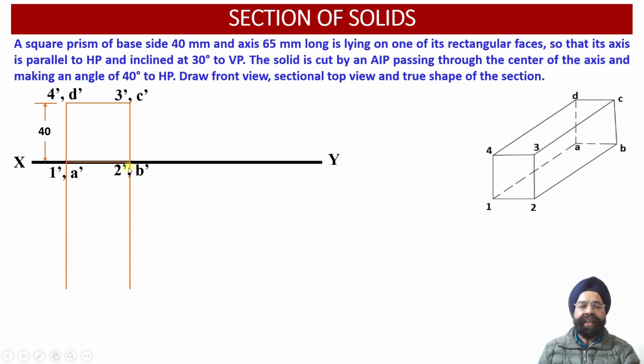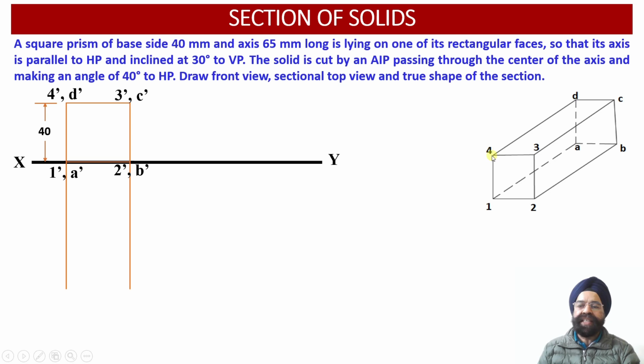So we know that once we draw projections through the points 4 dash, D dash, 1 dash and A dash, the first projector line we can draw over here. Similarly, corresponding to the points 3 dash, C dash, 2 dash and B dash, another projection line we can draw over here. Now we know that the length of the axis of the square prism happens to be 65 millimeter.